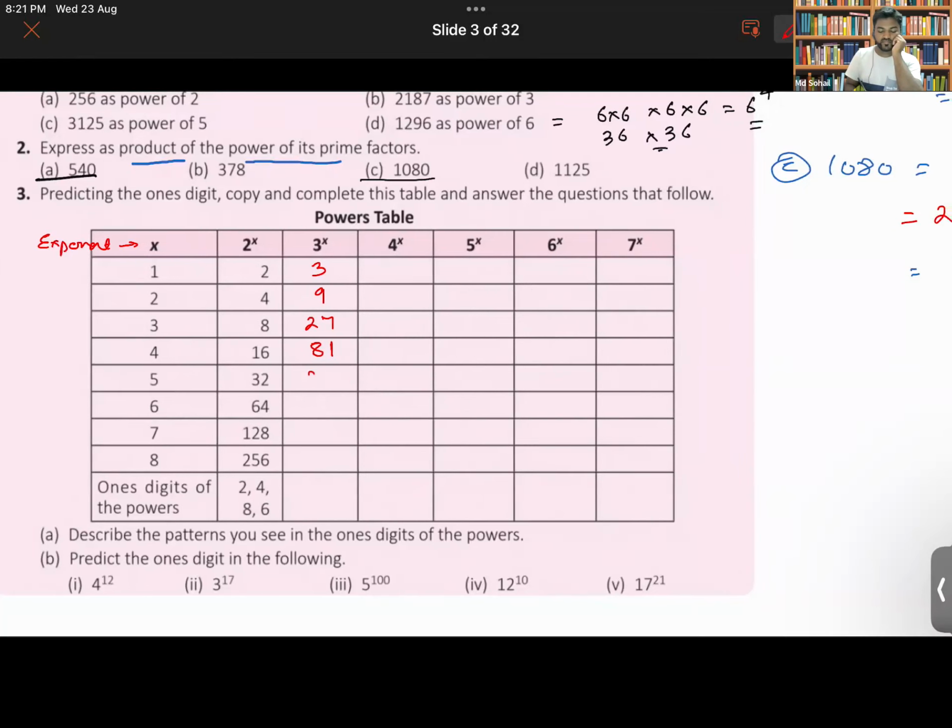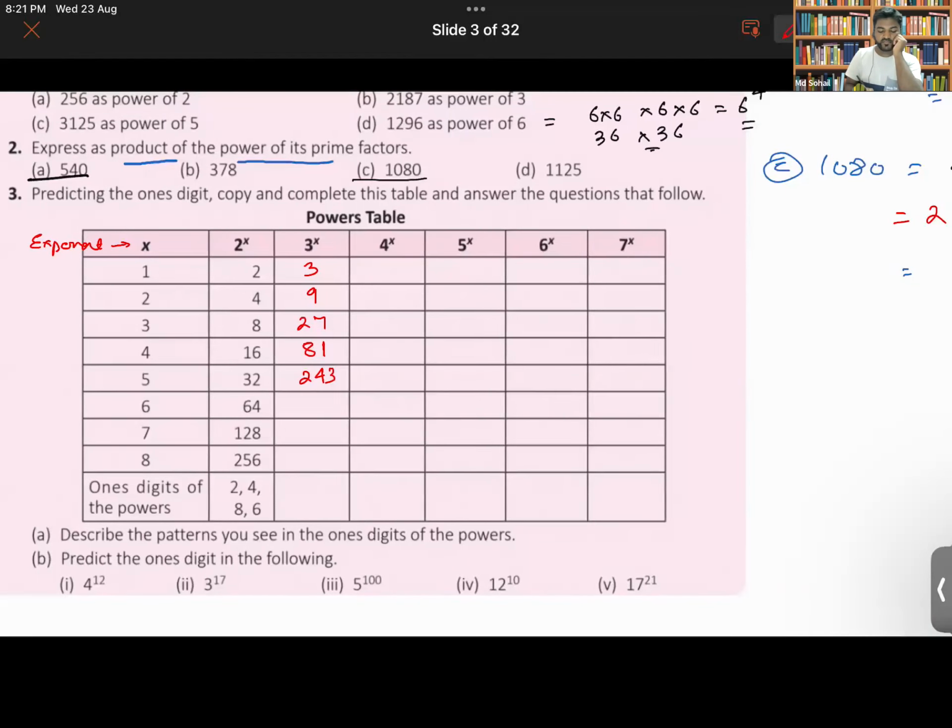Then 243, then 729, then 2187. Then 3 raised to the power 8, that is how much? 6561. Very good. Okay, let's just stop there.